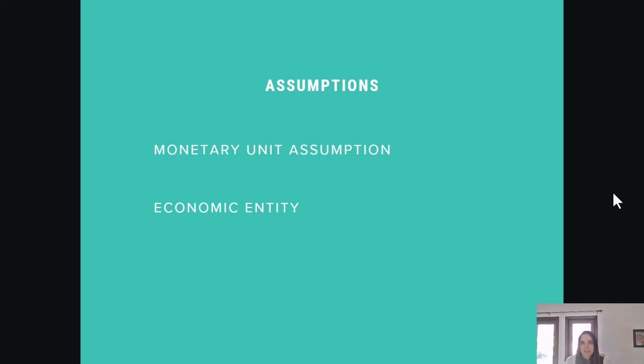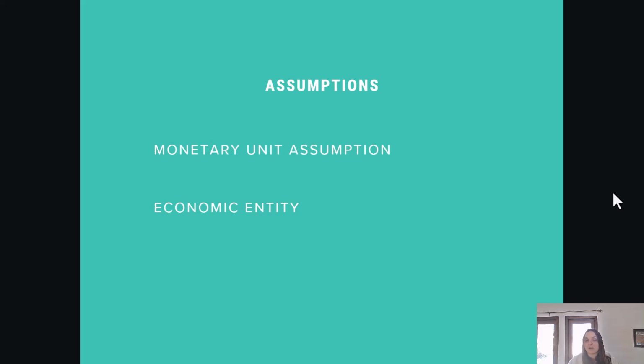If we are assigning financial data to it, we are only going to assign the data associated with that particular entity. And it is separate from its owners, which means that the transactions and the expenses and the revenue that are assigned to the owners of that business are for the owners, not for the actual business itself.